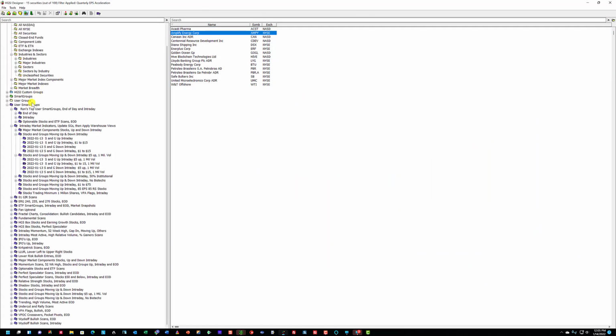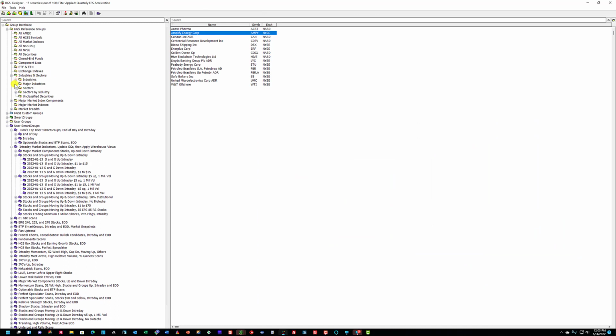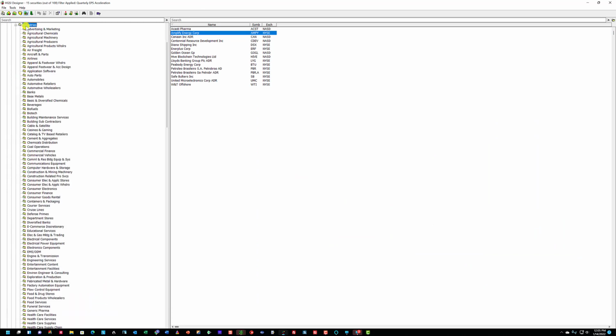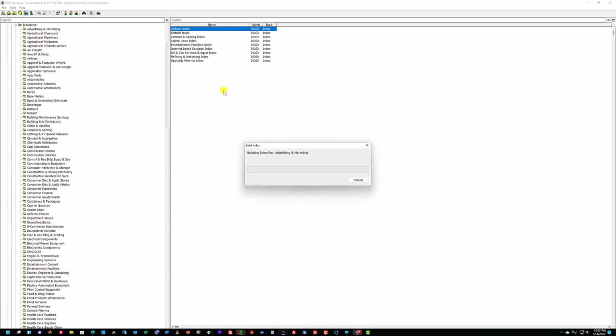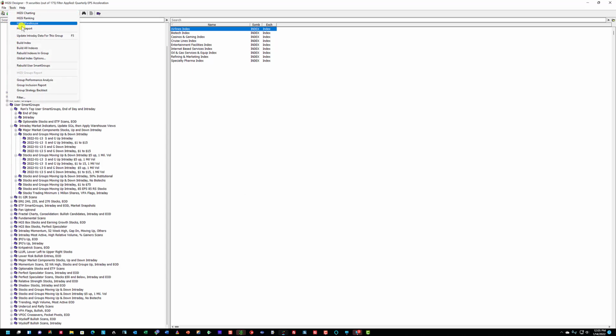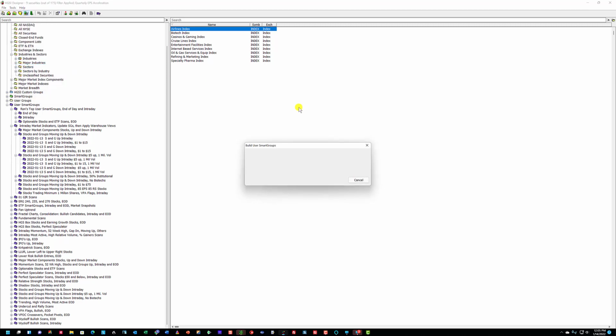So in review, let's go back in here. And I'll do this if I'm sitting here looking for some potential trades. Just go in here, rebuild indexes and groups. Takes no time to rebuild these industry groups. And then rebuild the user smart groups.